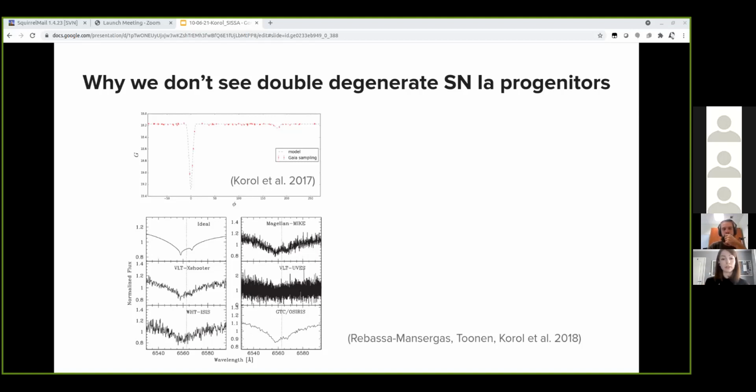And you can notice that it has kind of a double line, and that is the signature that this is a binary. And then you can see all the other panels basically showing you how that line would be observed by different instruments. And just by comparing, you can see that it kind of washes out. So it's actually almost in all the cases. So it's a challenging technique to use for discovering these binaries.